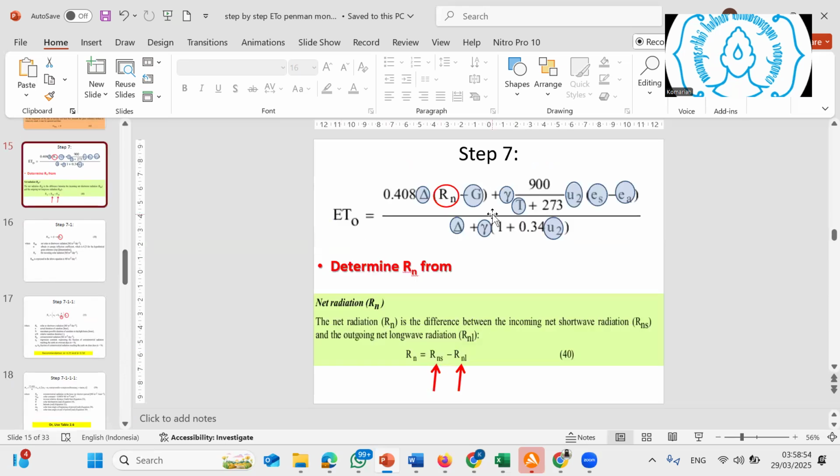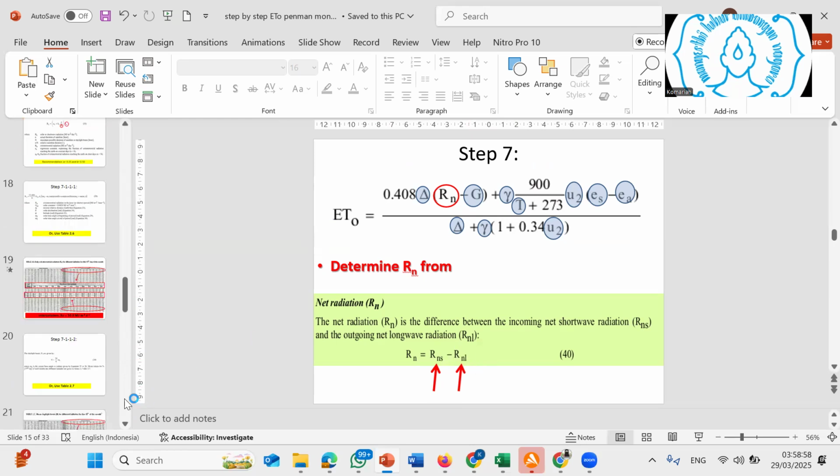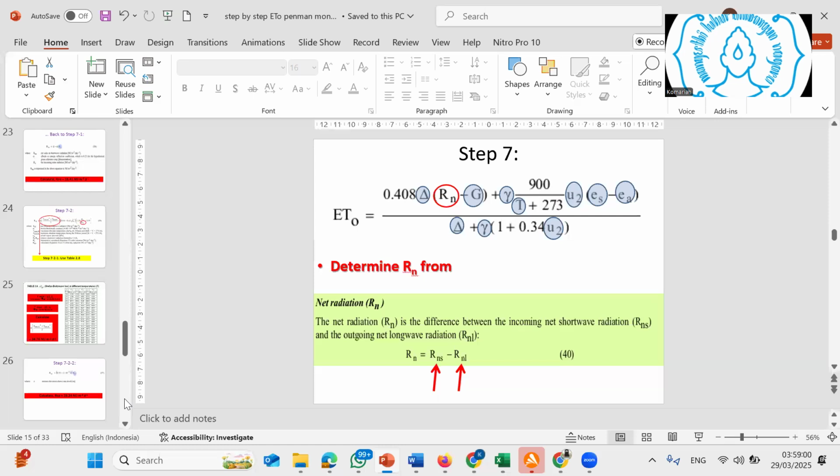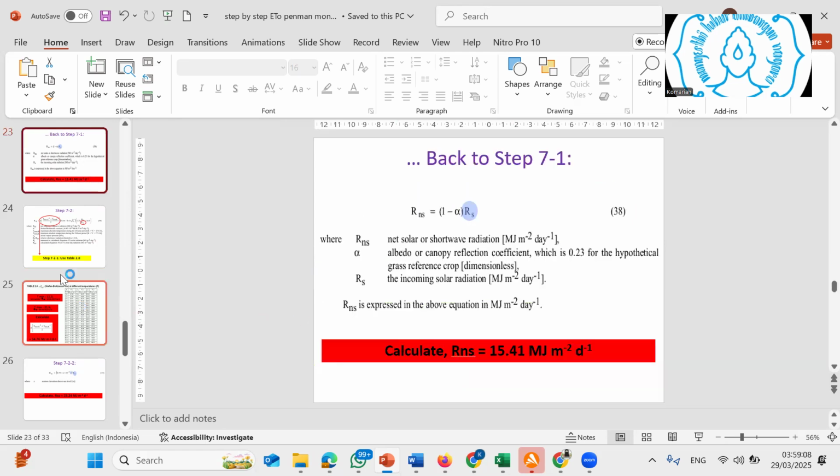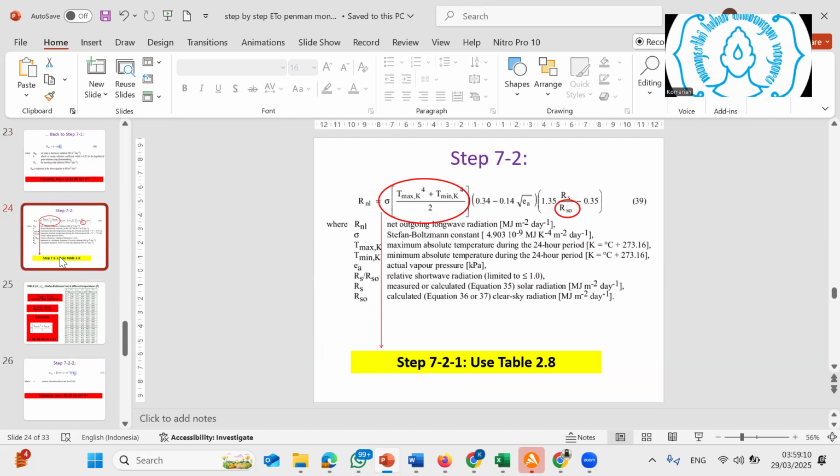And then next is calculating the net longwave radiation, because Rn is shortwave minus longwave. So next we calculate the longwave radiation. The longwave radiation is calculated using this formula, or we can use table 2.8, checking the Tmax and Tmin and also the clear sky radiation.